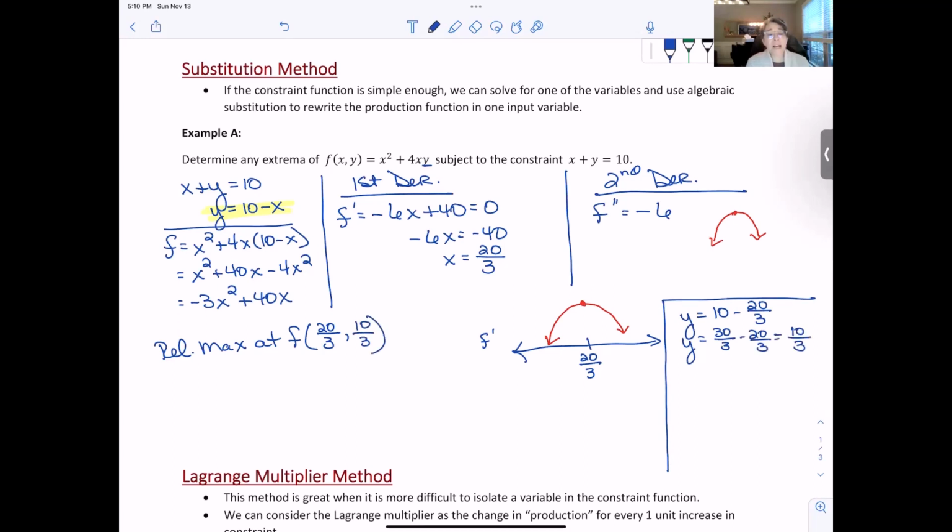Now, sometimes they want the full point. They want not just the input values of x and y, but the function value as well. So to find the function value, we plug those into our f.